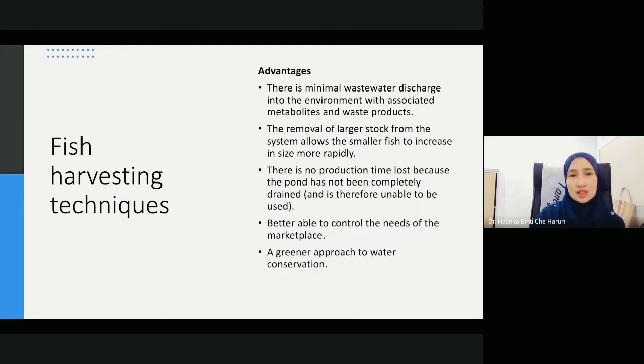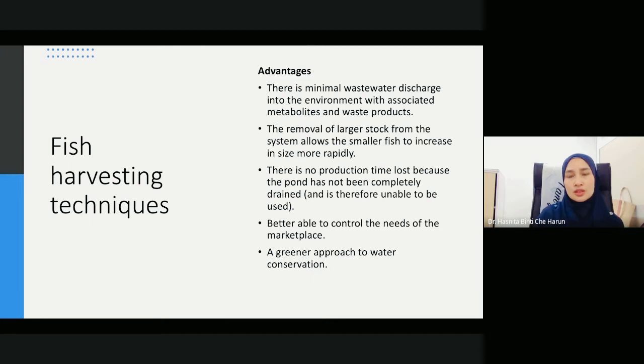Among the advantages that you could have when you adopt partial harvesting is minimal wastewater discharge into the environment, because this wastewater contains metabolites and also waste product. You could remove the larger stock, as I said before, take out the large-size fish and keep the smaller fish to grow more, and you can get more profit out of it.